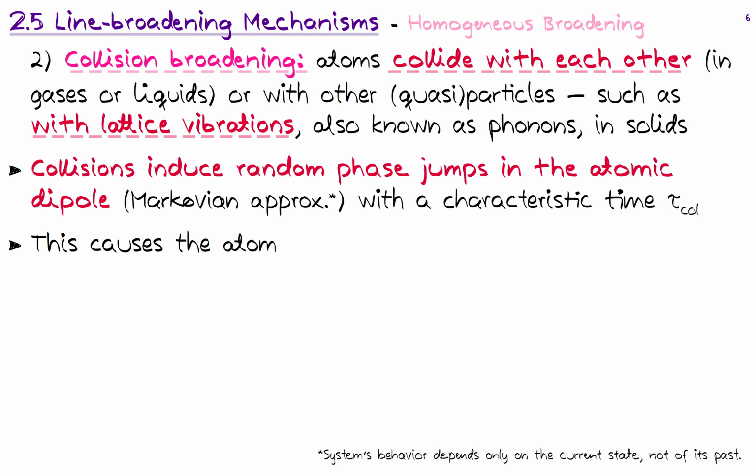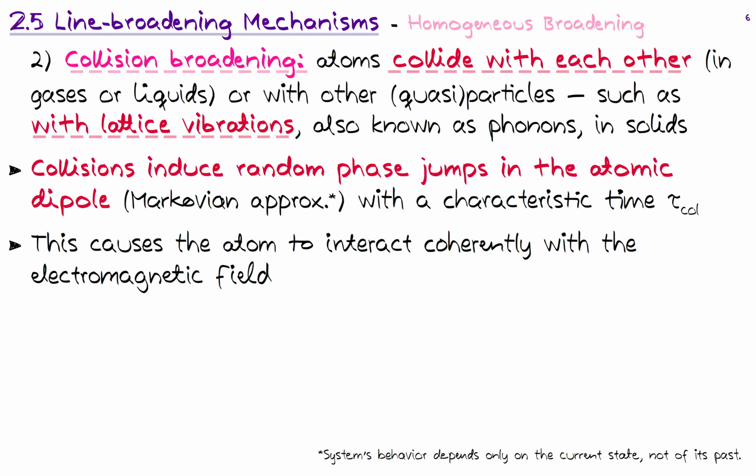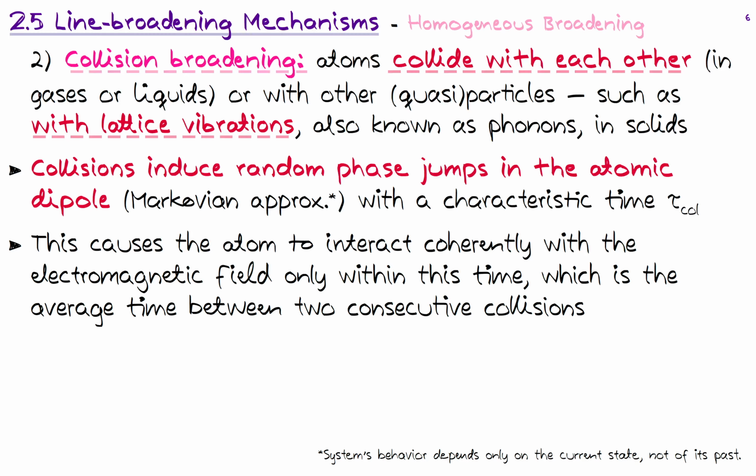These collisions cause the atoms to interact coherently with the electromagnetic field only within this collision time window. So this is another broadening mechanism that gives rise to broadening of the laser line width.